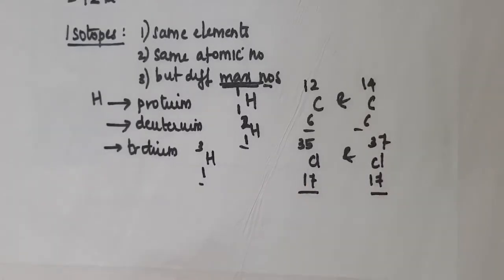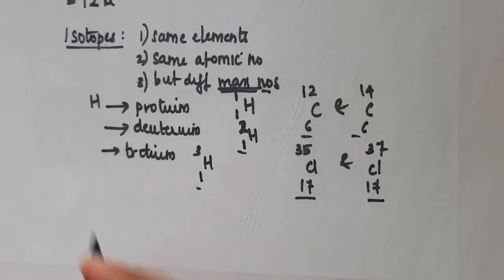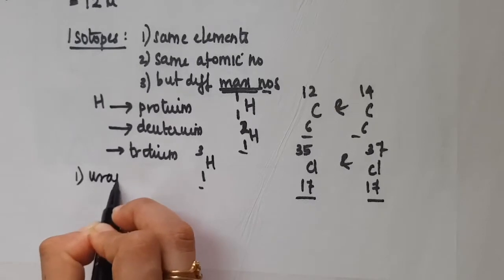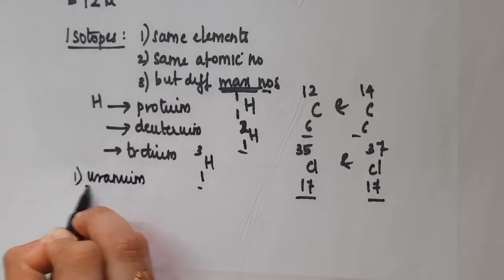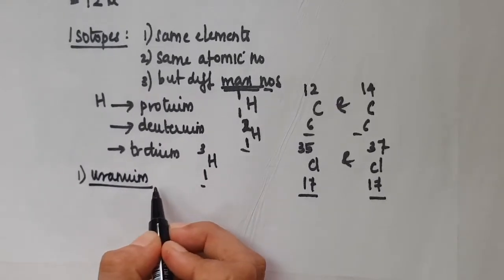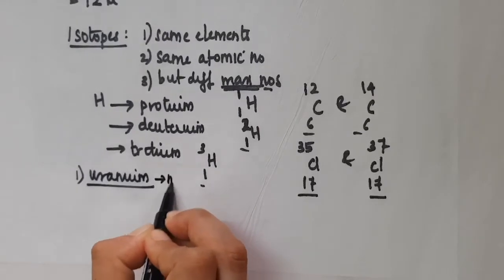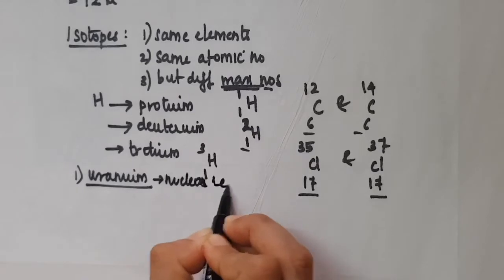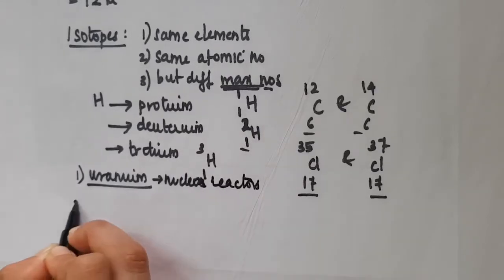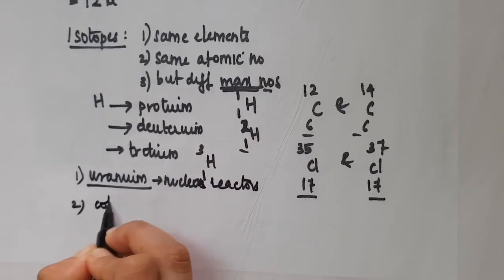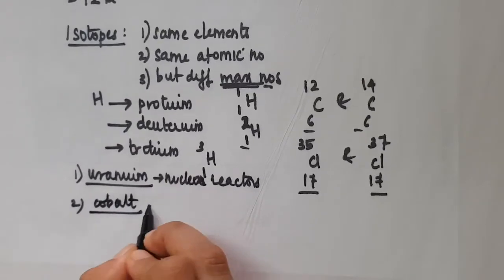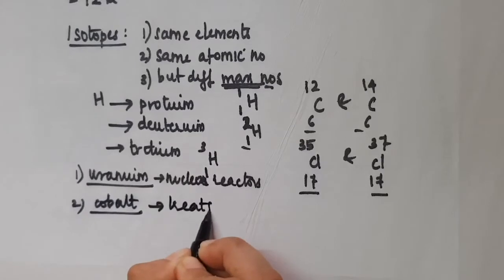So let's see the applications of isotopes. The first one is uranium, okay. The different isotopes of uranium are used in nuclear reactors, okay. The second one, cobalt. The different isotopes of cobalt are used in treatment of cancer.